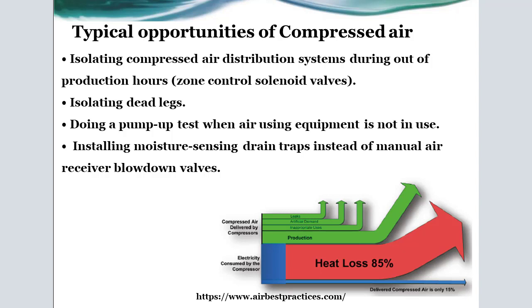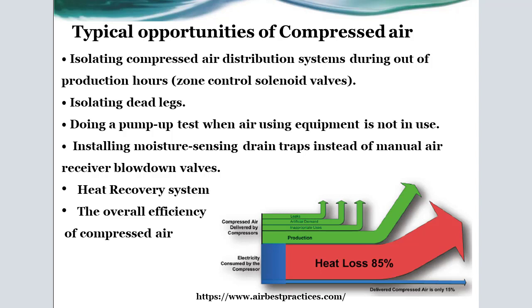And also we must know that we can use a heat recovery system in compressed air systems, because the total efficiency of the compressed air system is very low, in the range from 10% to 15%, and this gives us a big indicator of a high level of heat loss, which equals about 85%.